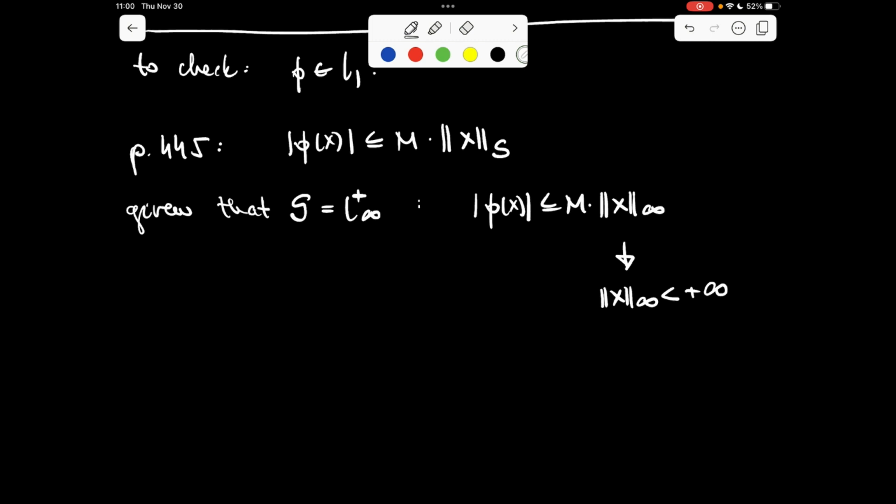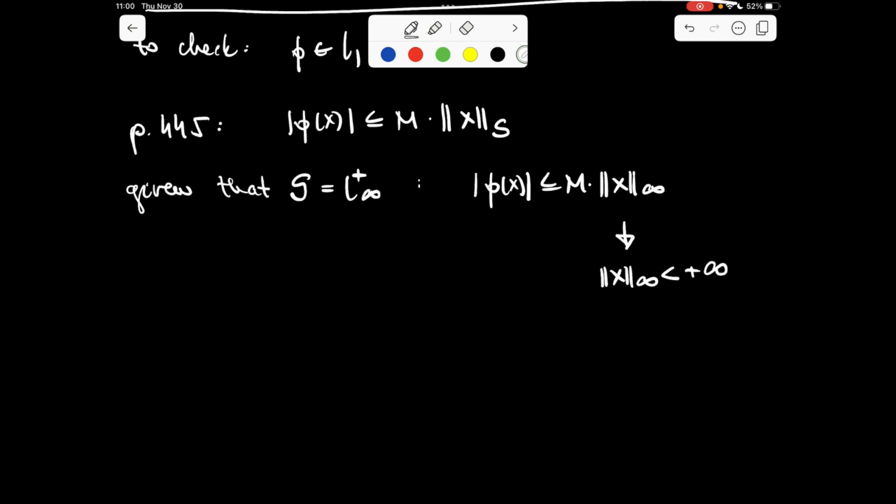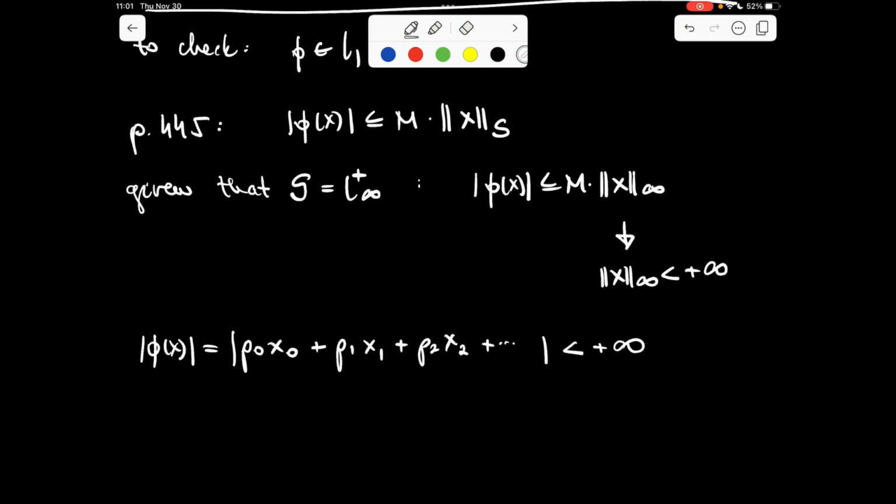So what we need to show on this basis is very simple. This sum is supposed to be finite.